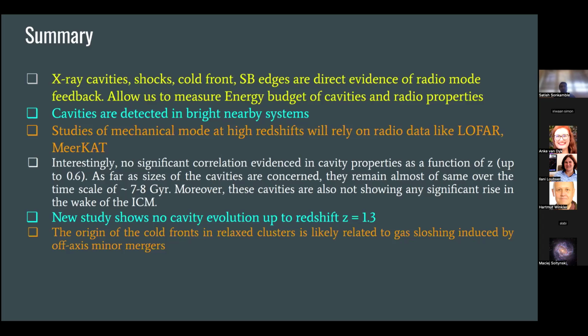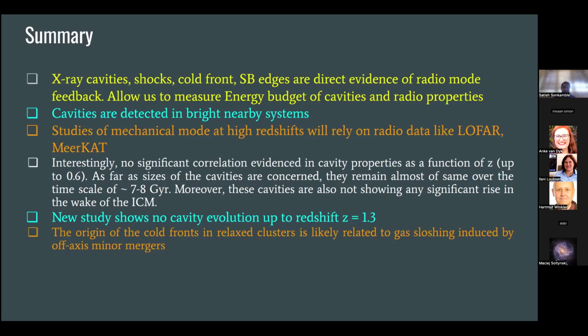Cavities are detected in bright nearby systems so far, so there is a need to study them in detail at high redshift using other radio telescopes like LOFAR, or even better MeerKAT. Up to now we see no redshift evolution of cavity parameters up to redshift 1.3. And the cold front's origin is mainly the off-axis minor merger present in the environment.